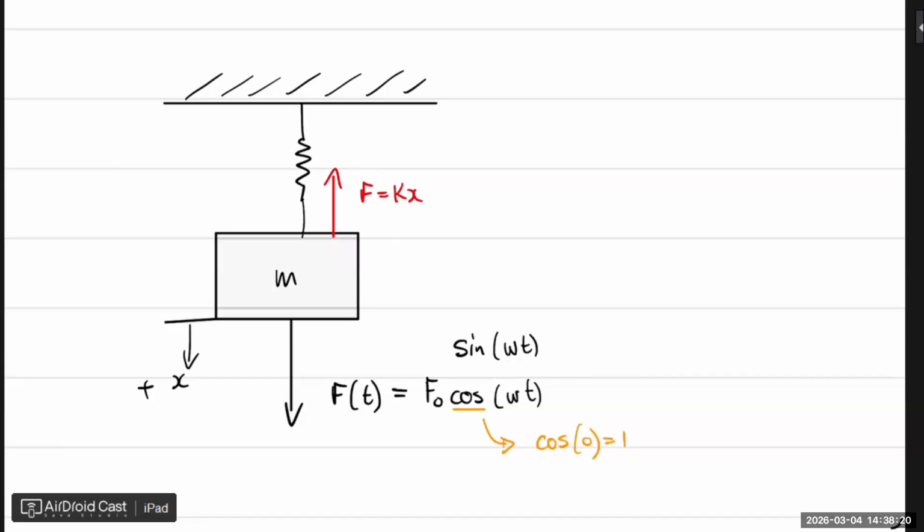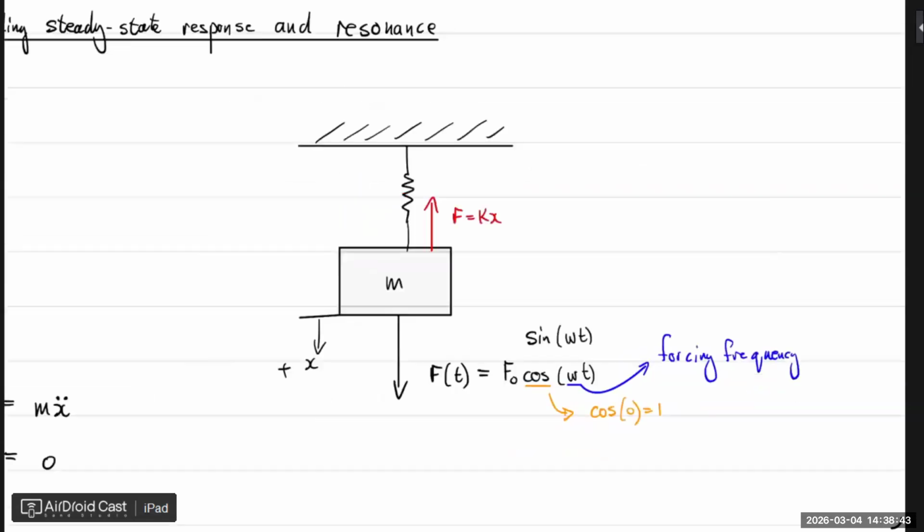So we assume that the starting position is the force that we are looking for. And this time we don't have the subscript n, so it's not the natural frequency, it is the forcing frequency.